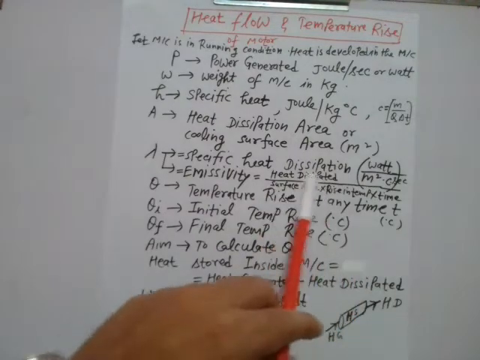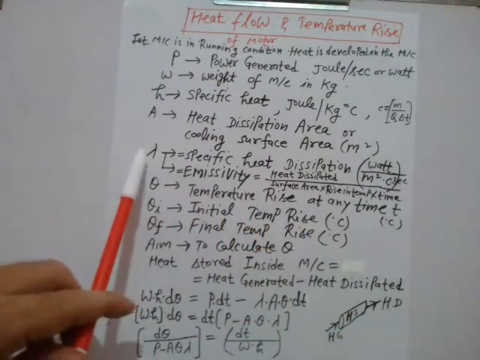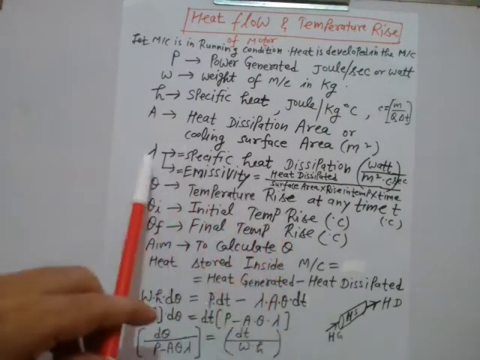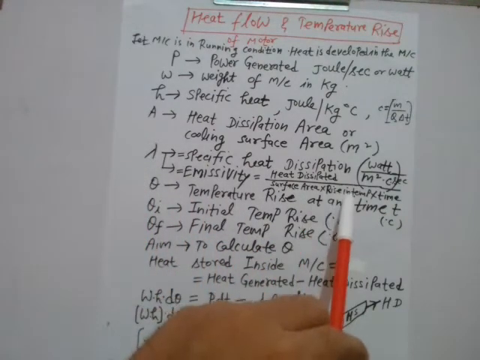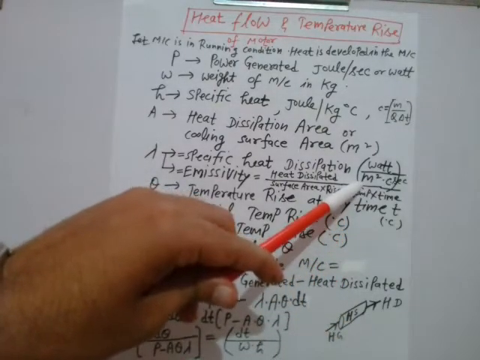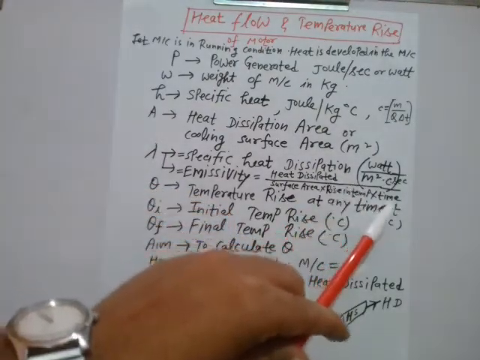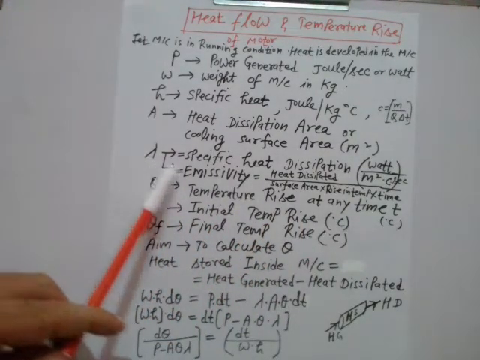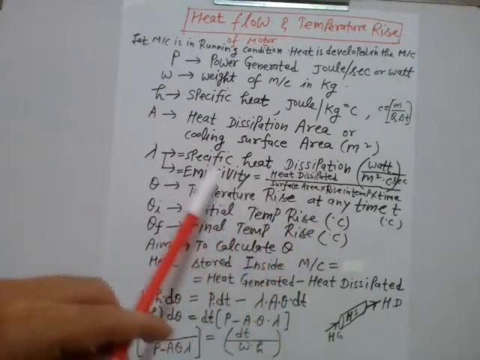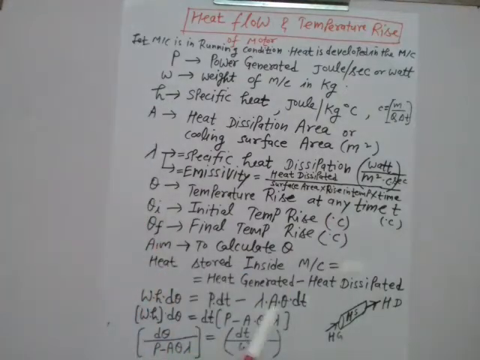To calculate heat dissipated, simply multiply surface area A, rise in temperature theta, time dt, and lambda. So heat dissipated is lambda into A into theta into dt.